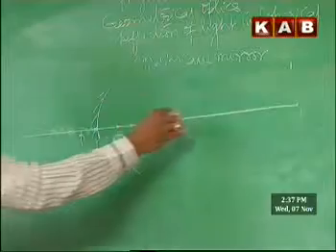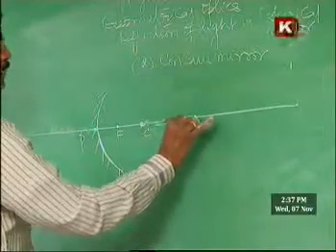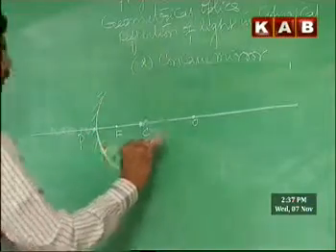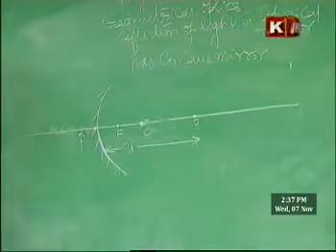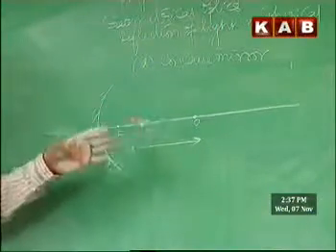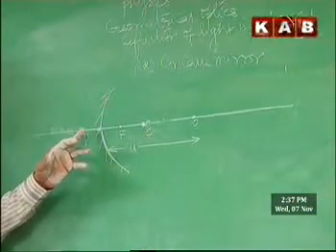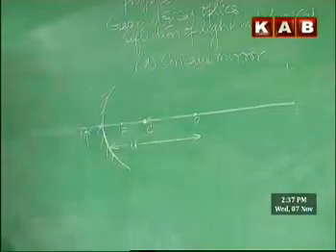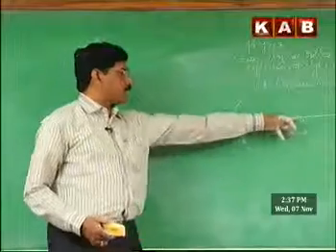Next, let us consider a point object placed on the principal axis at a distance u. This is what we usually call the object distance. Distances are always measured from the pole of the mirror on the principal axis. Distance u is called the object distance.